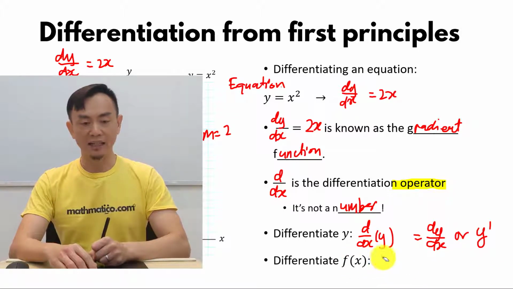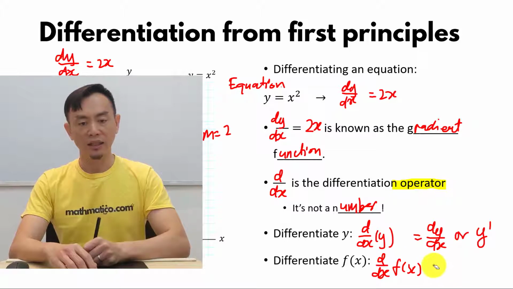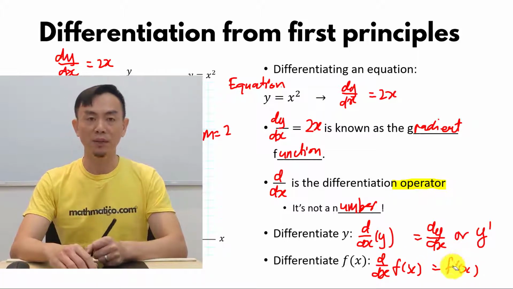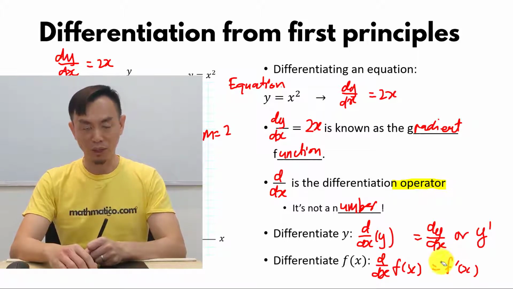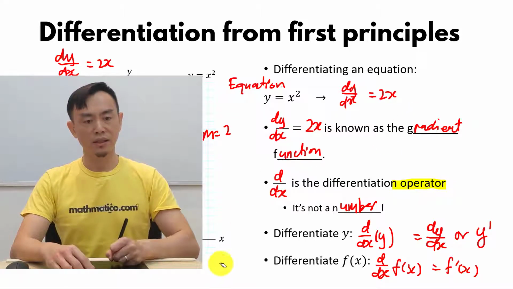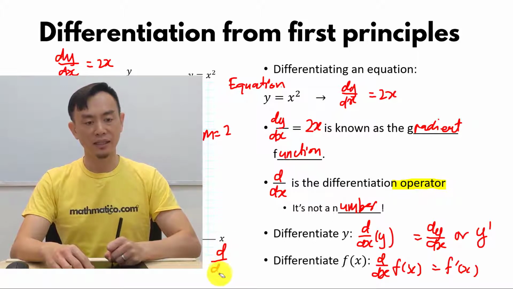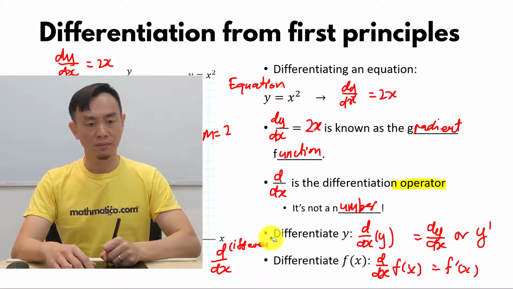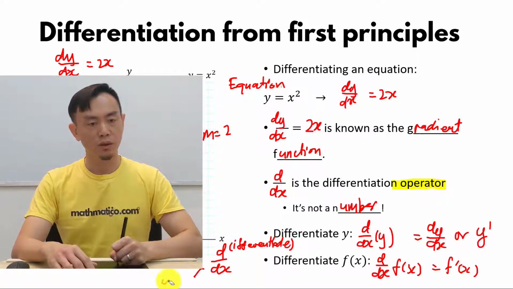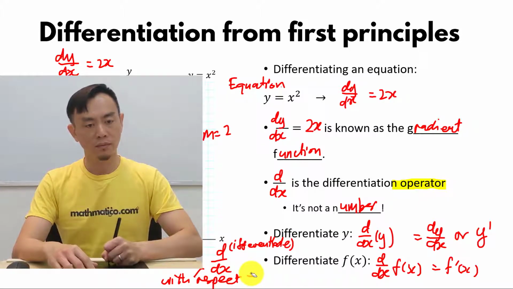If you differentiate with respect to x the f of x, then you notate it as f prime x. The prime here tells you that the function f of x has been differentiated once. And just one more time, d dx, what does it mean? It means differentiate with respect to x.